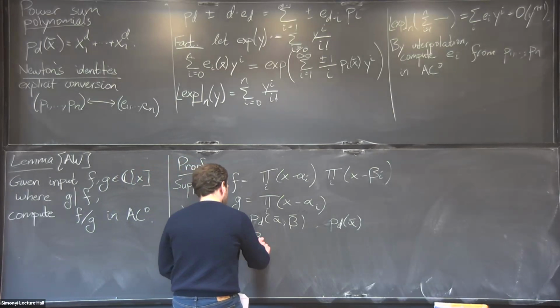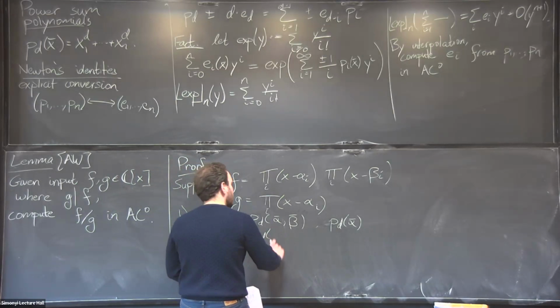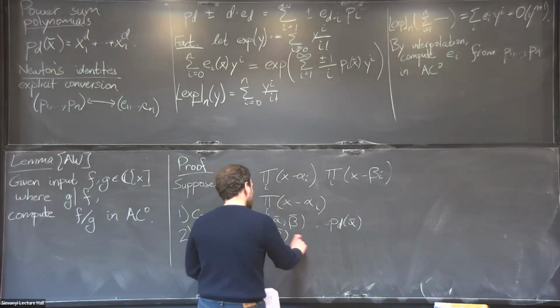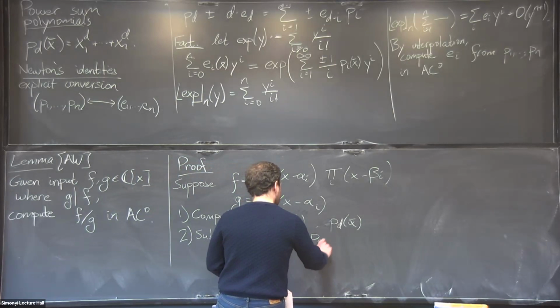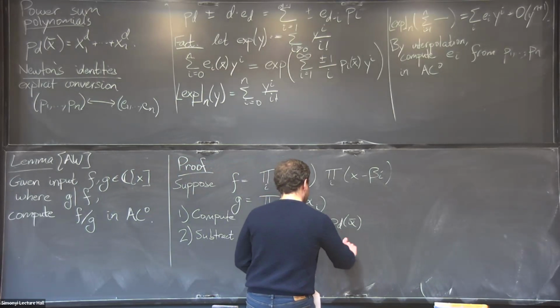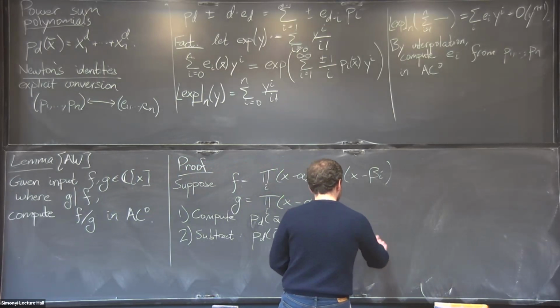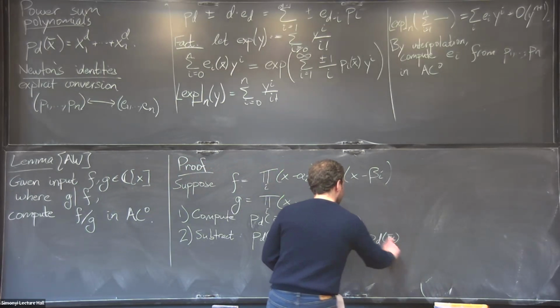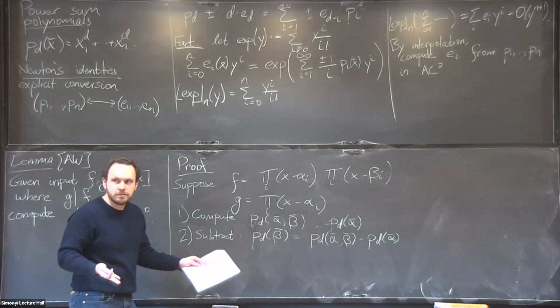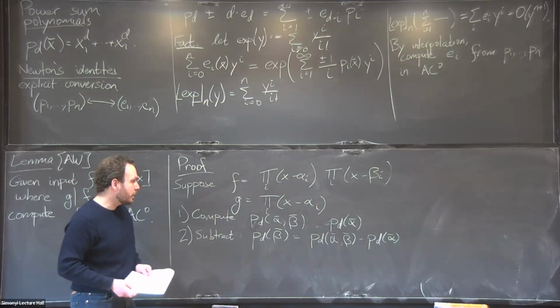Right? So how do you get the power sum in just the betas? Well, this is power sums in alpha and beta minus the power sums just in alpha, right? Okay, so now I have the power sums in betas.